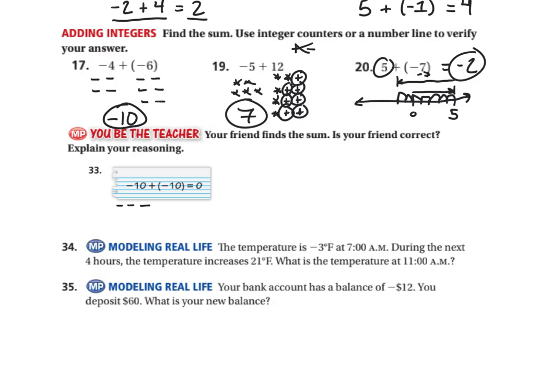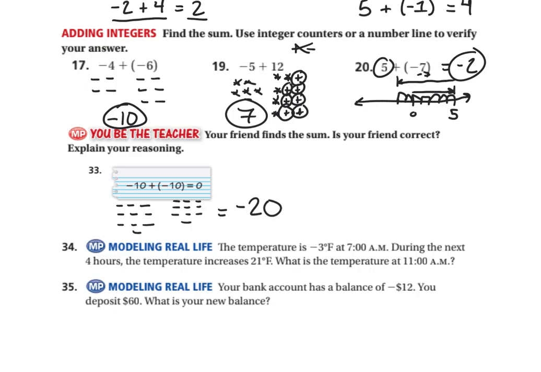If we use integer counters quick here, representing each of these, we can see I have no positives that I'm dealing with, so everything is negative, meaning I have a total of negative 20.